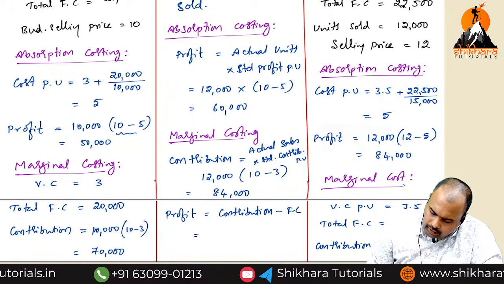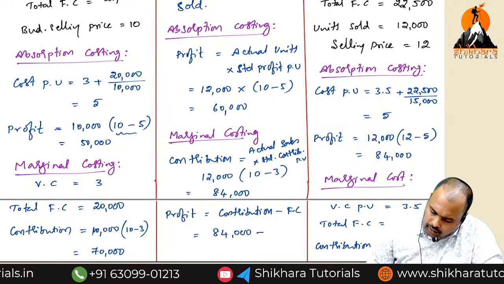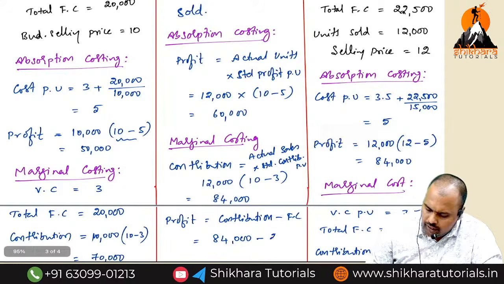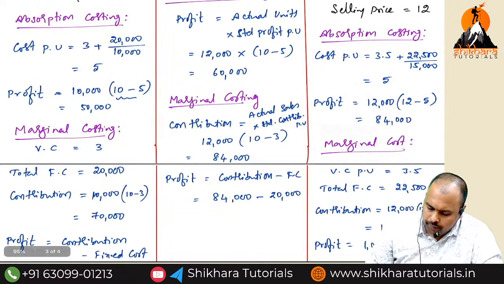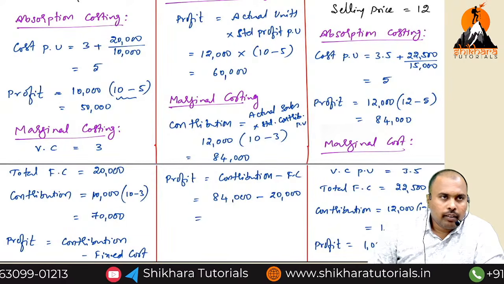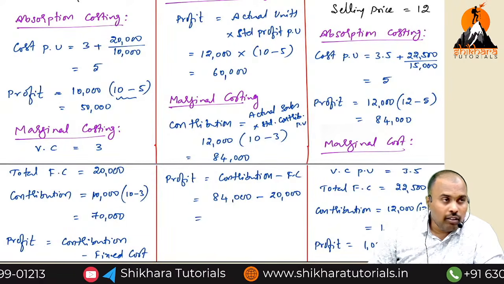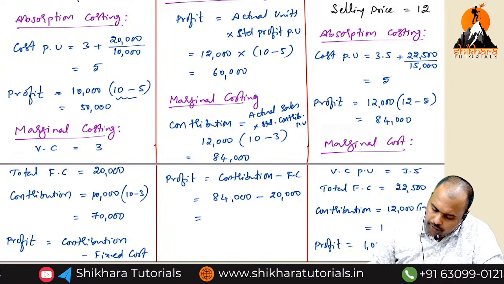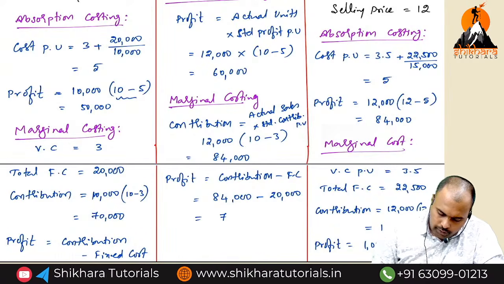That is 84,000 minus fixed cost, 20,000. As per standard, fixed cost is 20,000. Only volume we have to take from actuals; all the cost we have to take from standards only. So what should be the profit now? Sorry, 64,000.